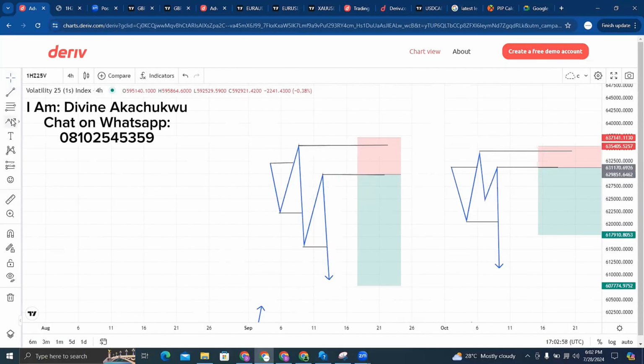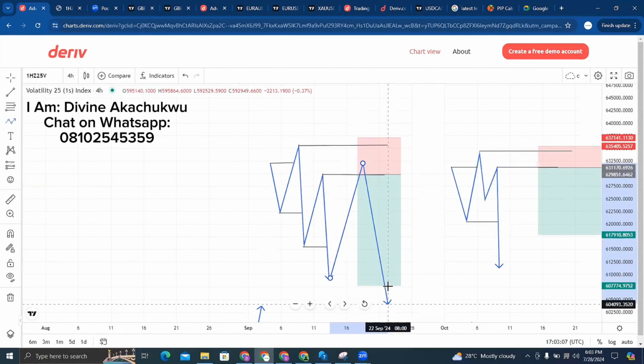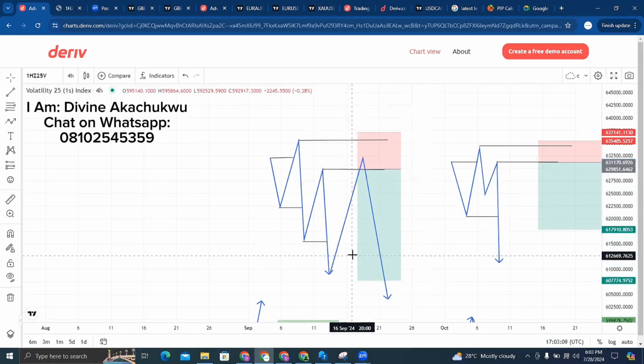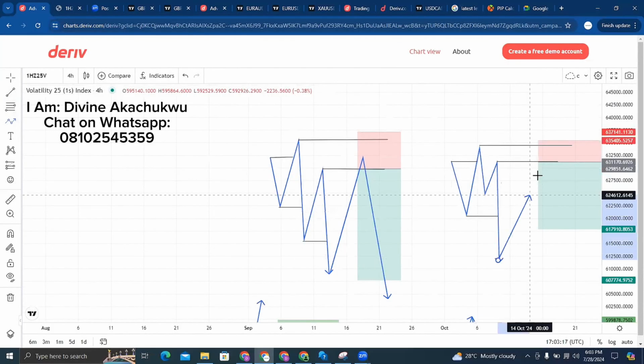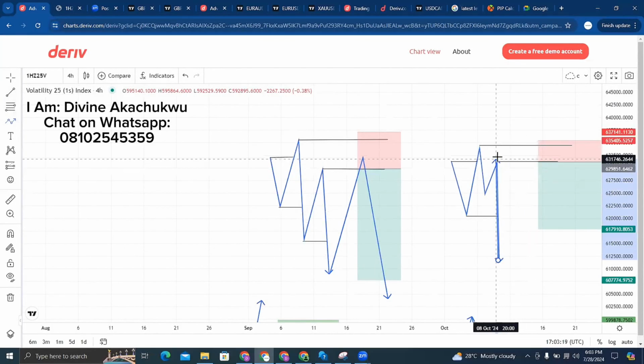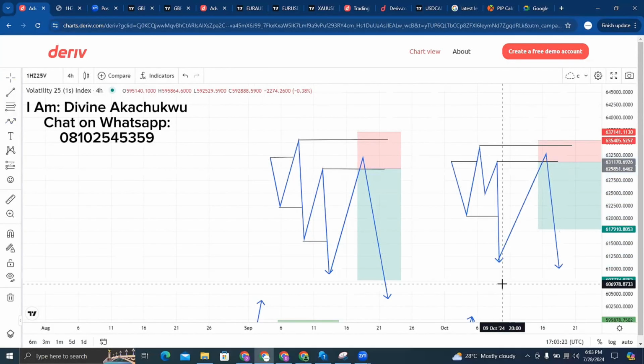I expect price to come back, take out this structural liquidity here, tap into our zone inside here, then continue the sell movement. Same in type B for the sell scenario. I expect price to come back, take out this inducement it created before breaking structure, then continue the sell movement.